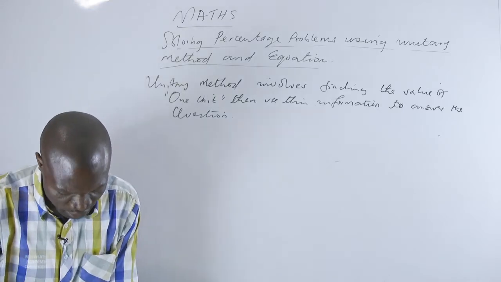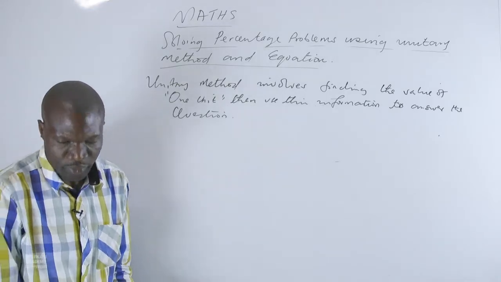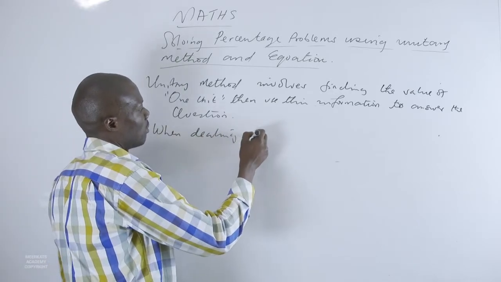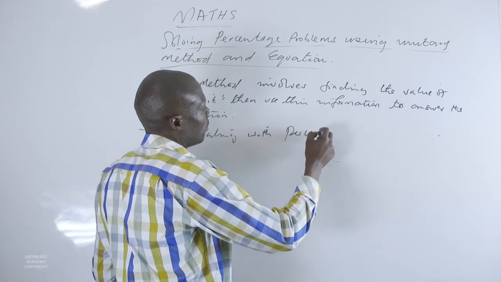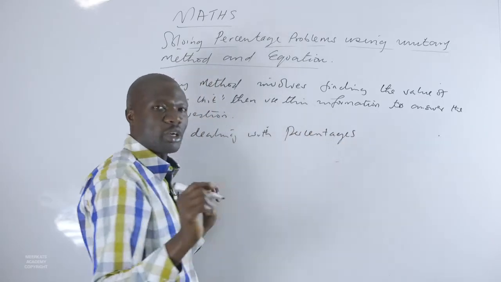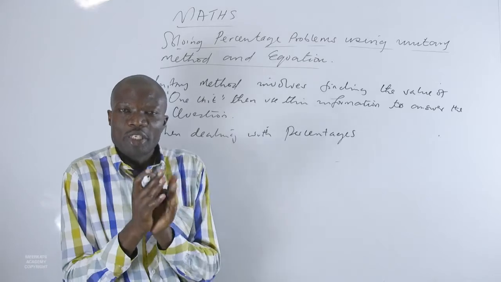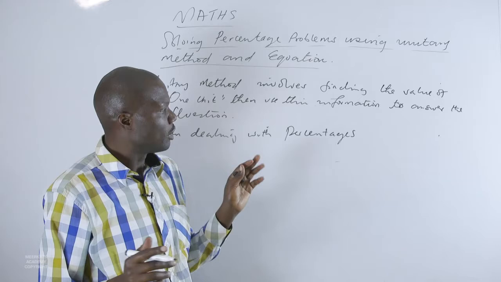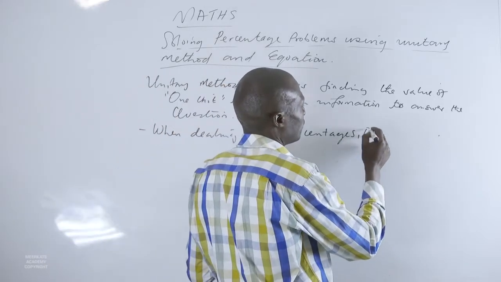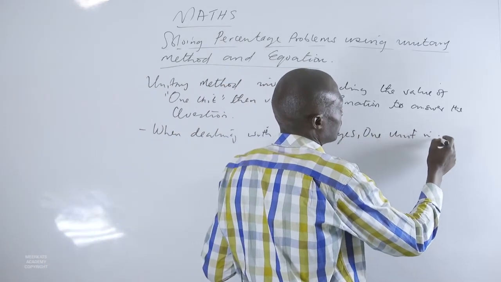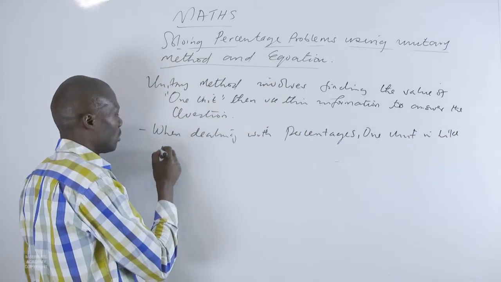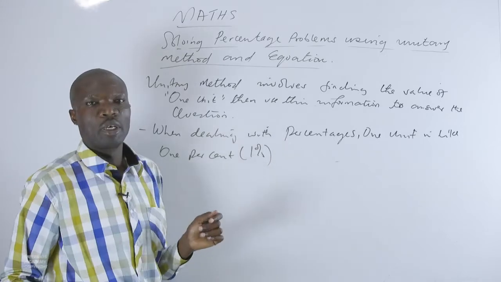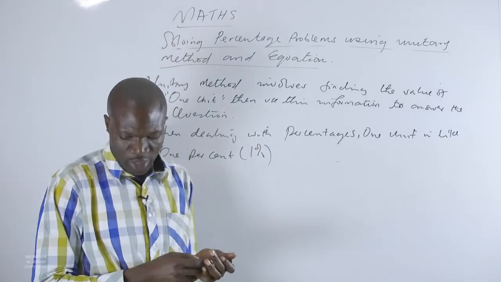And when dealing with percentages, 1 unit is like finding 1%. That's the case. When dealing with percentages, one unit is simply 1%.